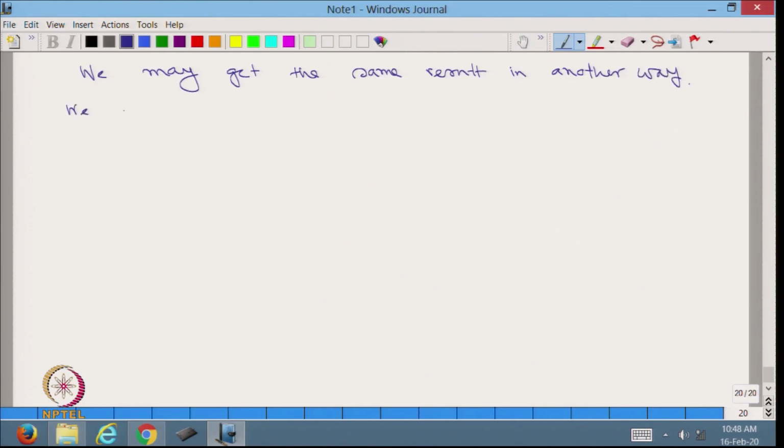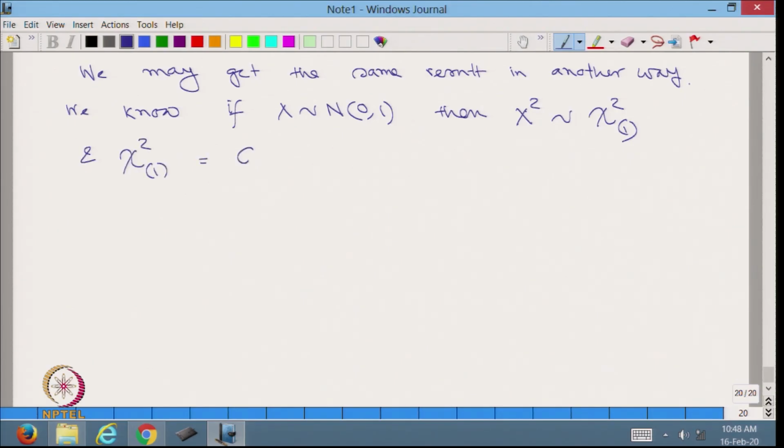We know if X is normal(0,1), then X square is distributed as chi square with 1 degree of freedom, and chi square with 1 is equal to gamma(1/2, 1/2).